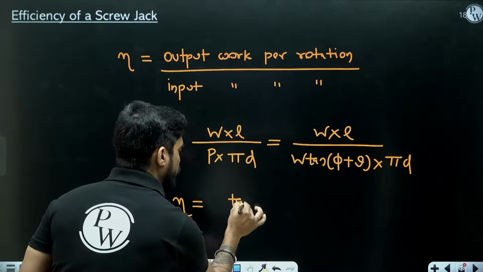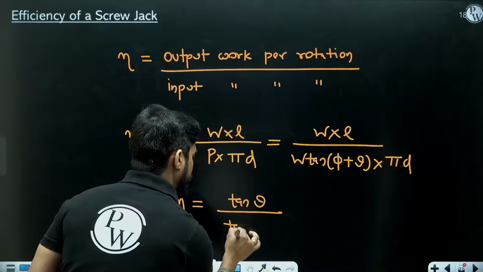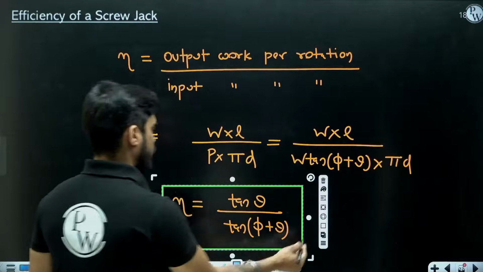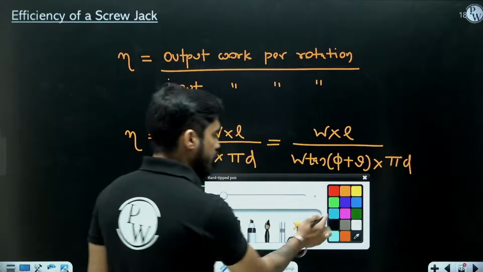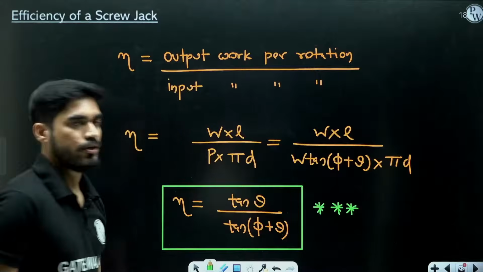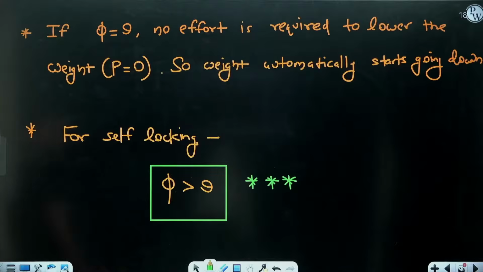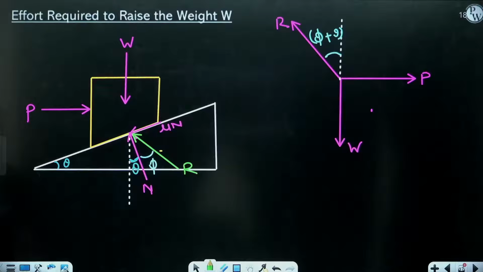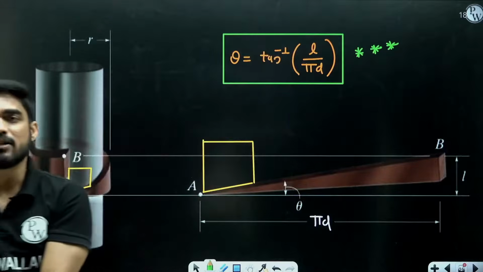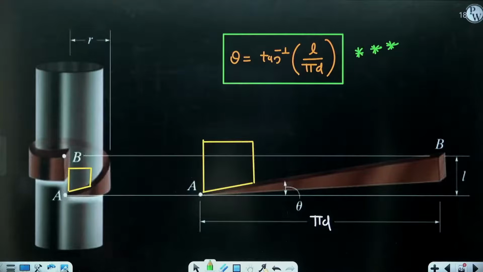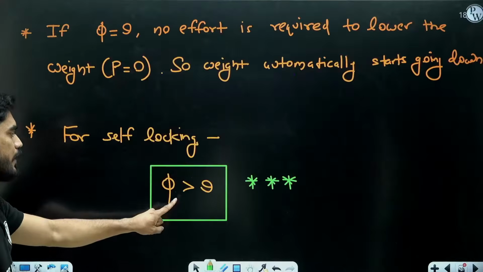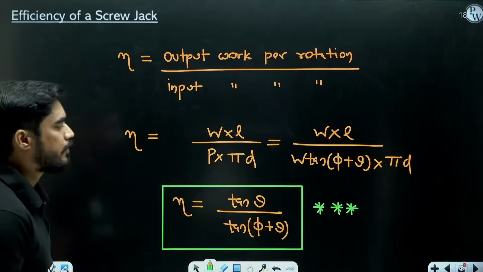So this will become tan theta upon tan phi plus theta. So this is the efficiency of a screw jack. So you need to remember this formula, this formula, this formula and this formula. Okay, you need to remember the formula of theta, which is tan inverse of L by pi d, and you need to remember the formula of P, and then you need to remember the formula of efficiency.